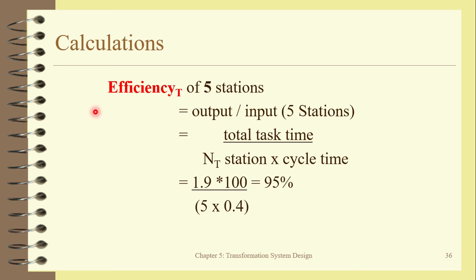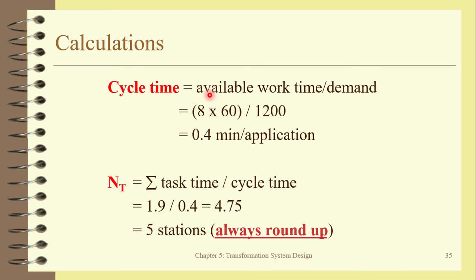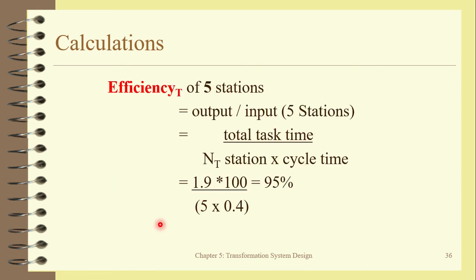Okay, and the efficiency in terms of the theoretical 5 workstations, we got 5 workstations here, right? So the efficiency is the output divided by input, that is total task time divided by the theoretical number of workstations multiplied by cycle time.